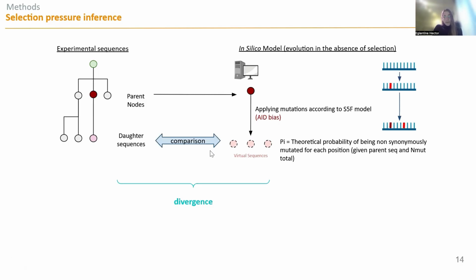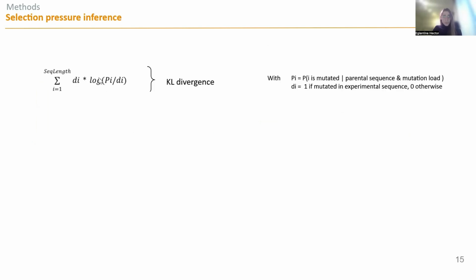And we interpret the divergence as being the effect of selection. And the tree is really key here because we can distinguish instantaneous from cumulative selection. And also, we're convinced that it improves modeling accuracy by restraining the time window over which mutations are modeled.